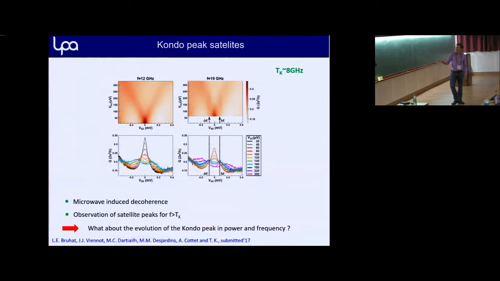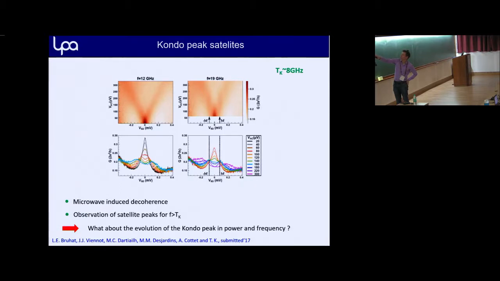But now what happens when you crank up the frequency? At 19 gigahertz, you don't have a splitting. You have two peaks here, which span some decent amplitude window. And in fact, if you look at the green curve here, which corresponds to a cut here, you have 3 peaks occurring.